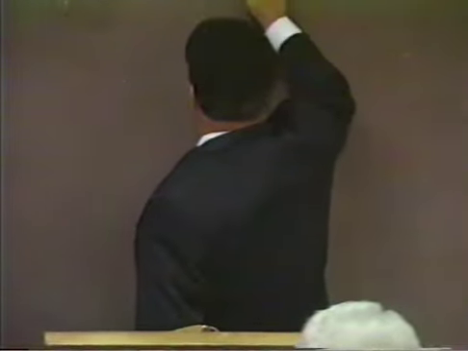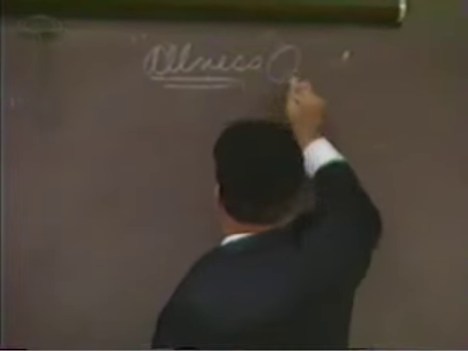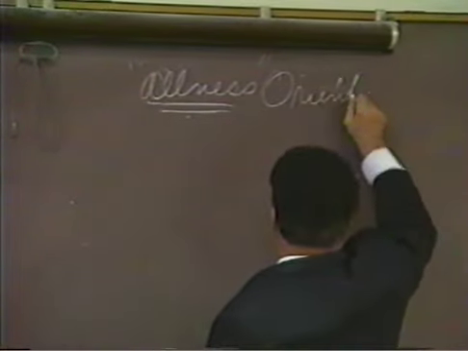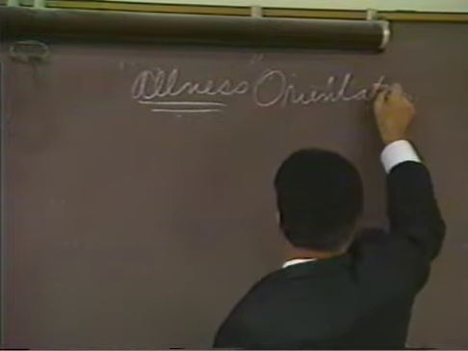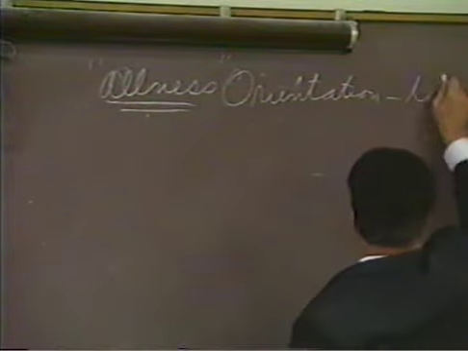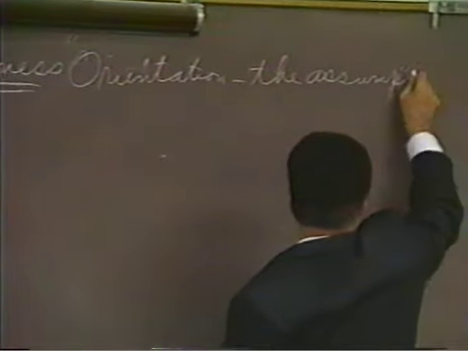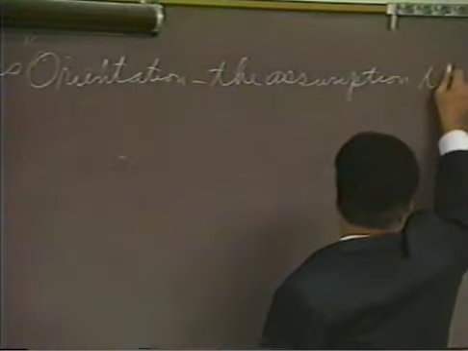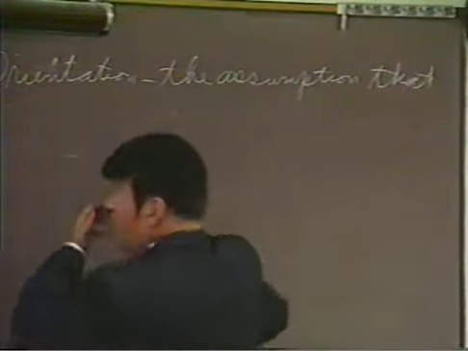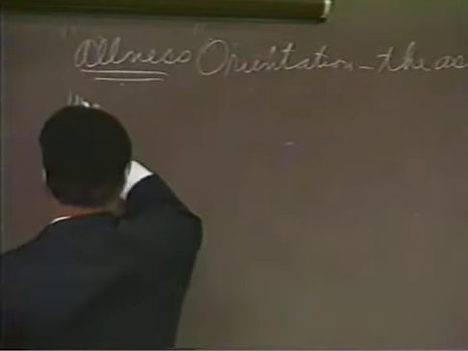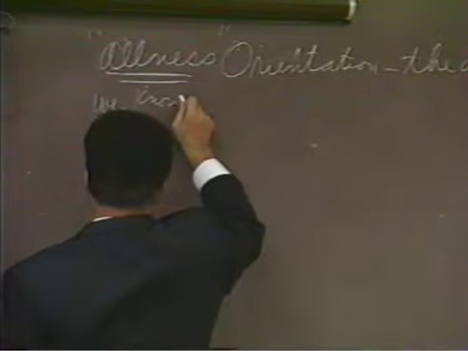It's never us, of course. The third barrier to effective communication, Alfred Korzybski called the allness orientation. And this is the assumption that we know it all.